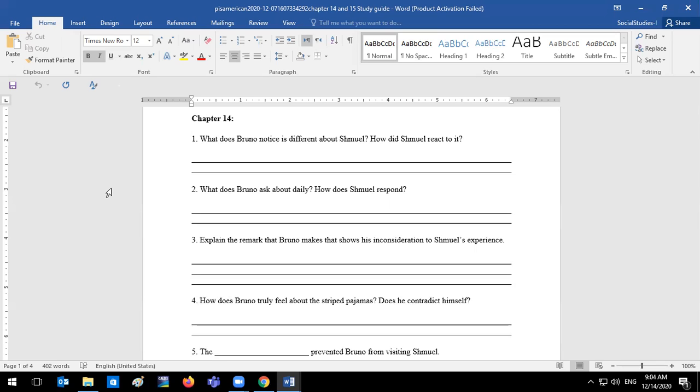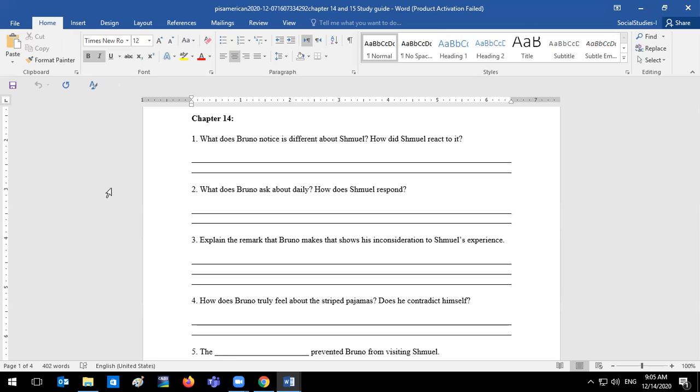Okay, and also we see Bruno being inconsiderate again about Shmuel's feelings when Shmuel tells him about his grandpa. Remember, Shmuel mentions to Bruno that his grandpa is missing and they can't find him, suggesting that he has died. Every time Shmuel asks father about his grandpa, the father just cries and hugs Shmuel tightly.